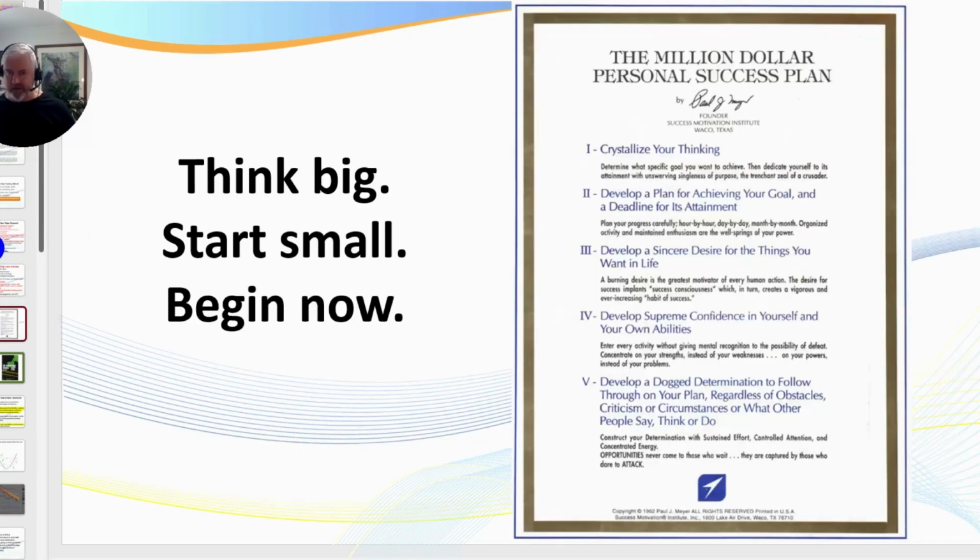Let's get into this. Traders, you'll hear me talk a lot about goal setting and gaining clarity around your trading, and this was from Paul J. Meyer going back.